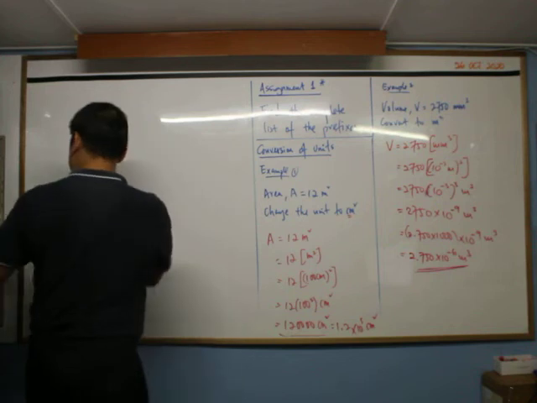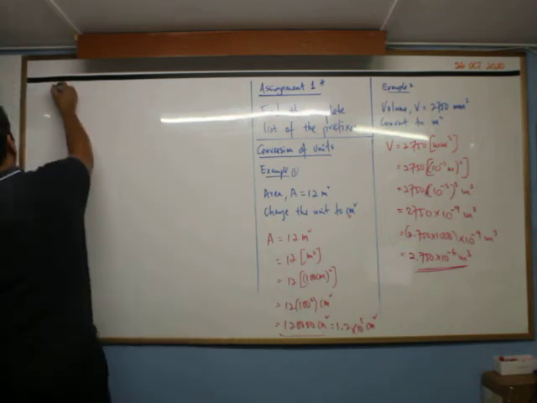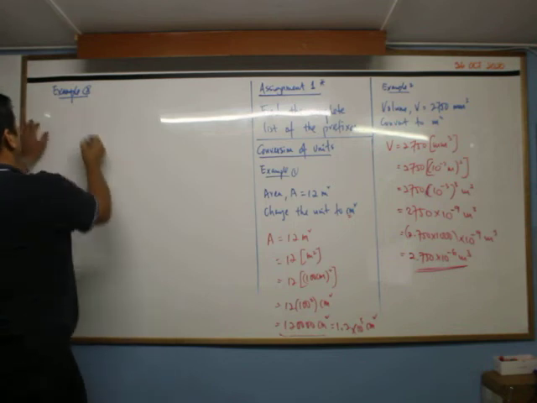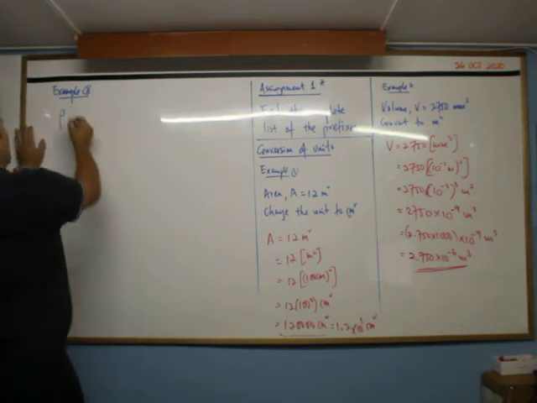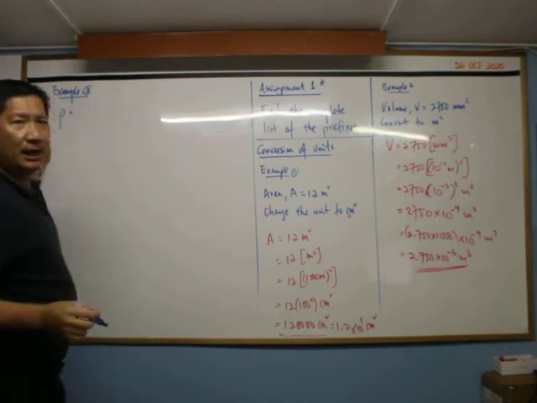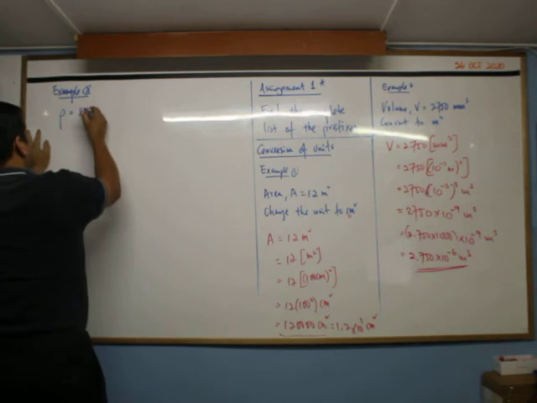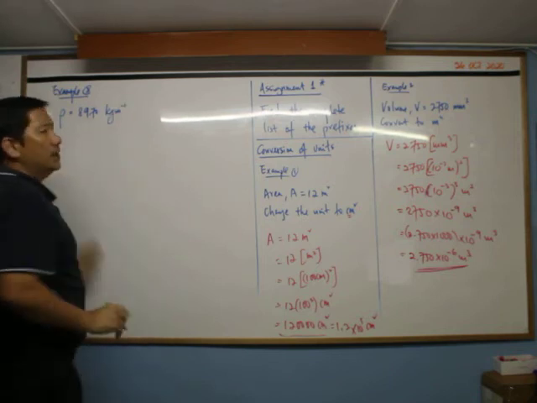Okay, so example 3. Density, rho. Density for, let's say, copper is 8,970 kilogram per cubic meter.